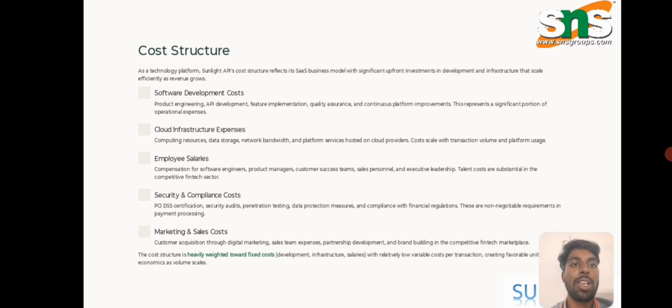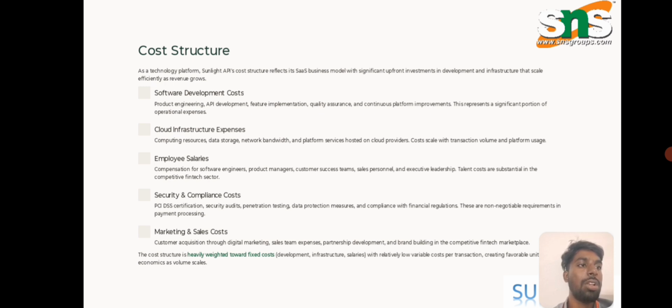Employee salaries: compensation of software engineers, product managers, customer success teams, sales executives, and leadership, with talent costs elevated in the competitive fintech sector. Security and compliance costs: PCI DSS certification, security audits, penetration testing, data protection measures, and compliance with financial regulations.